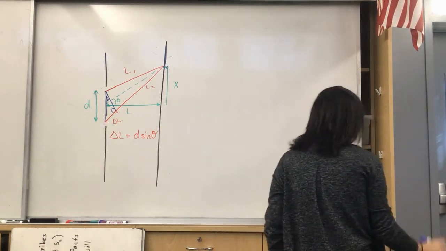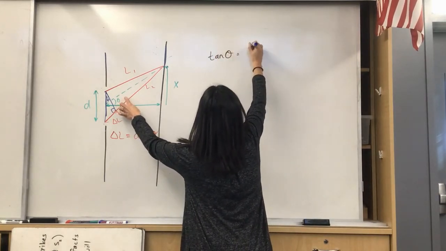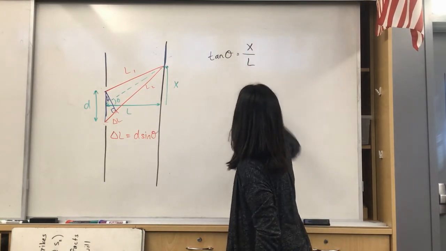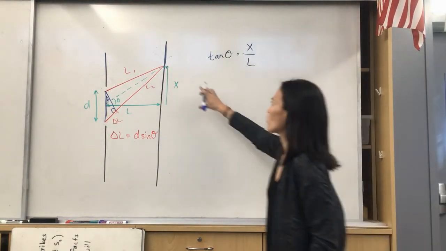If I have the tangent of this angle equal to opposite over adjacent, so x over L, that is another way I could represent what this position is.